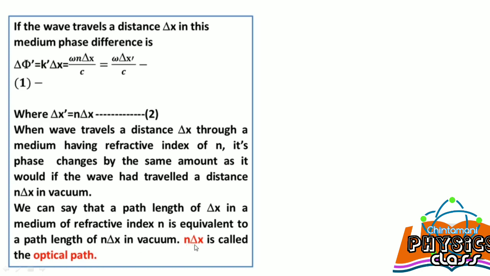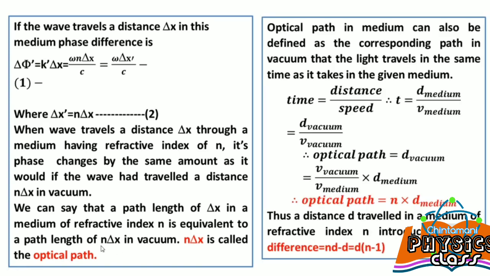This nΔx is called the optical path. Optical path in a medium can also be defined as the corresponding path in vacuum that the light travels in the same time as it takes in the given medium.